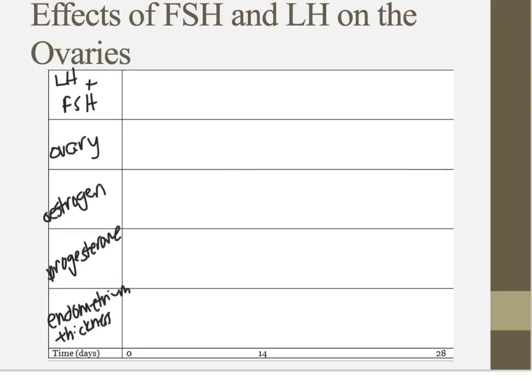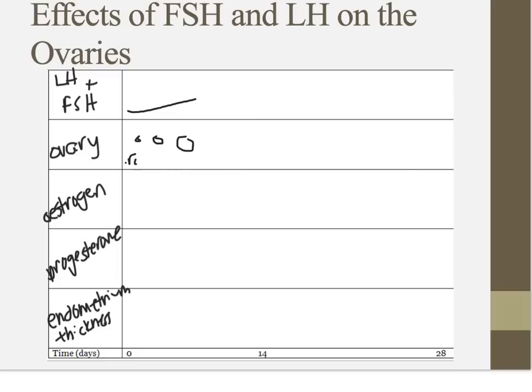Very slowly throughout these 14 days, that FSH and LH is going to start to rise, and as that happens, the follicle is going to start to develop.